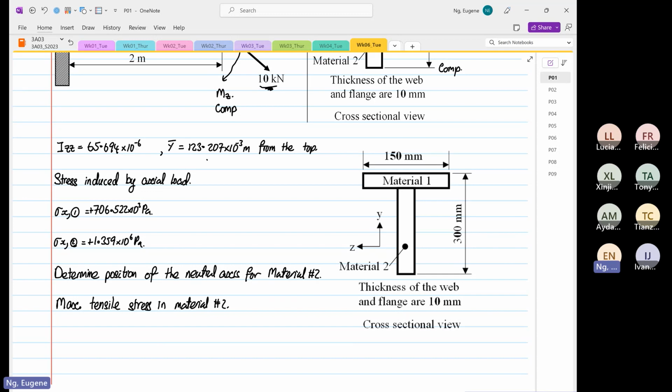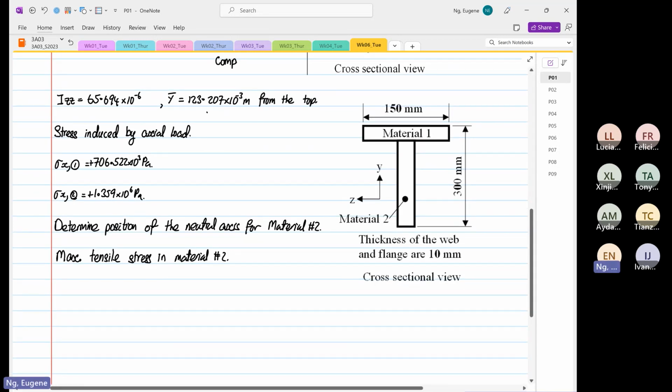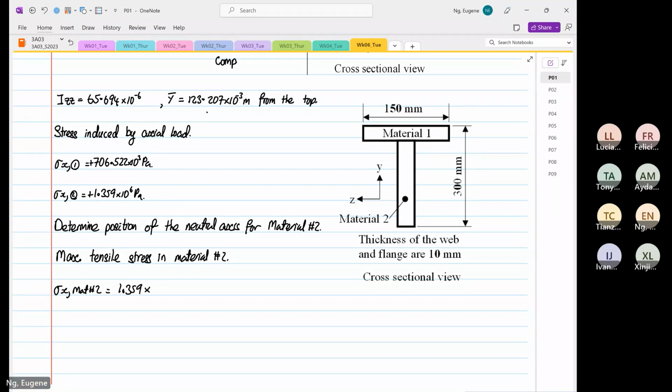number 2. So we know that stress X of material number 2 in terms of tensile will be equal to 1.359 times 10 to the power 6, and we know it's with tensile, plus Mz over Izz multiplied by y.